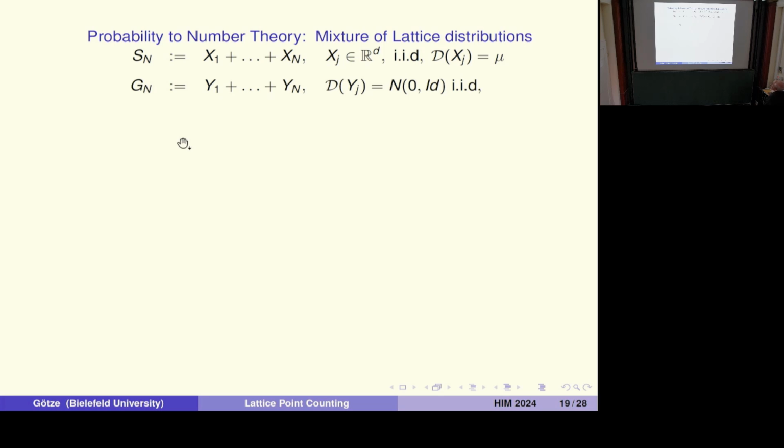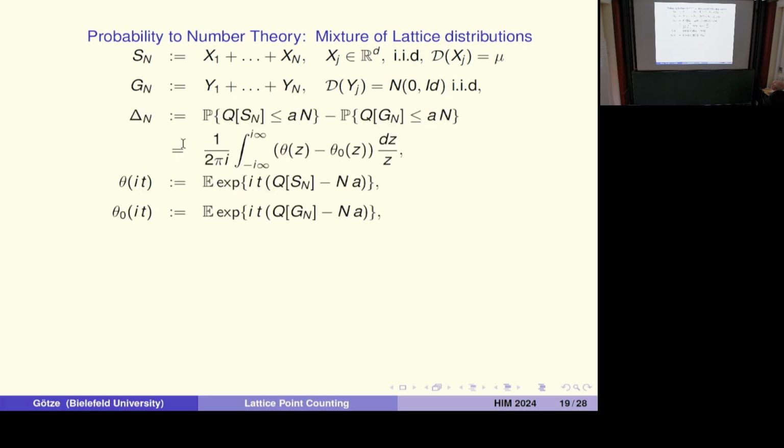What is that? It is a mixture of lattices, what we are doing. Again, we take the same problem. We take here the difference between the distribution of a sum and the distribution of a corresponding Gaussian variable.